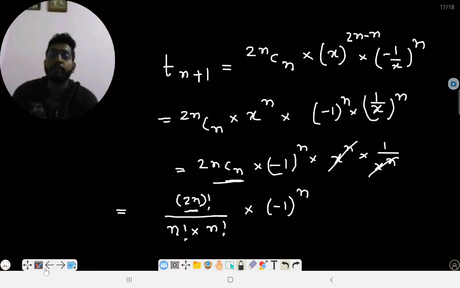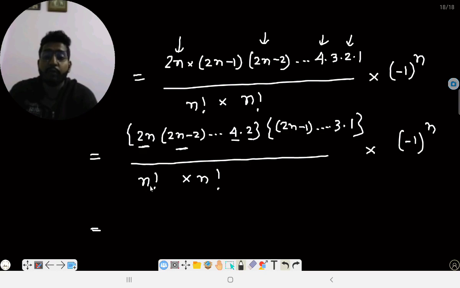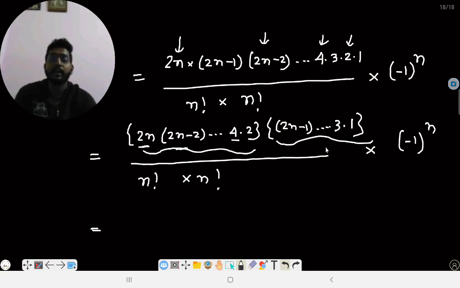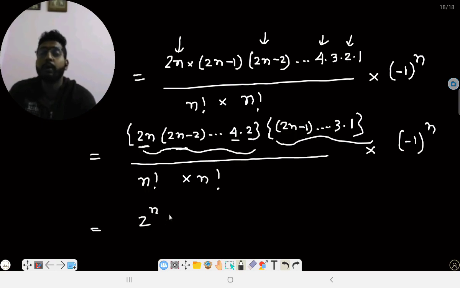Half of 2n is n. That means there are n even numbers and n odd numbers. So if I take 2, 2, 2 from the even numbers, we get n 2's, that means 2 to the power n.